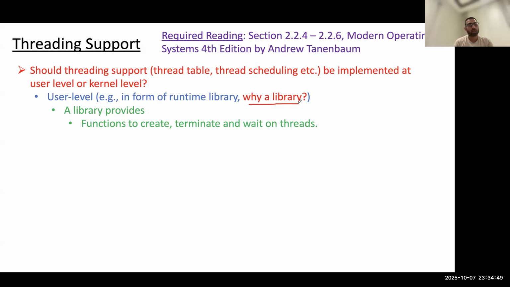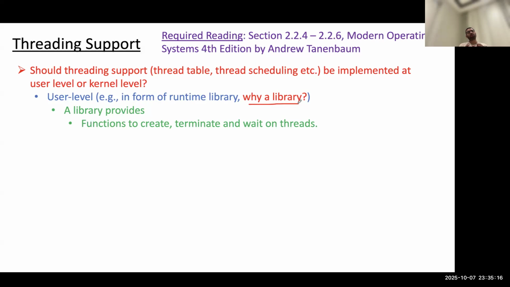For example, if you implement the support at the user level, every time you create a thread you will need to run some code which actually achieves the creation of a thread. Similarly, whenever you need to terminate a thread, you will run some code to achieve thread termination.